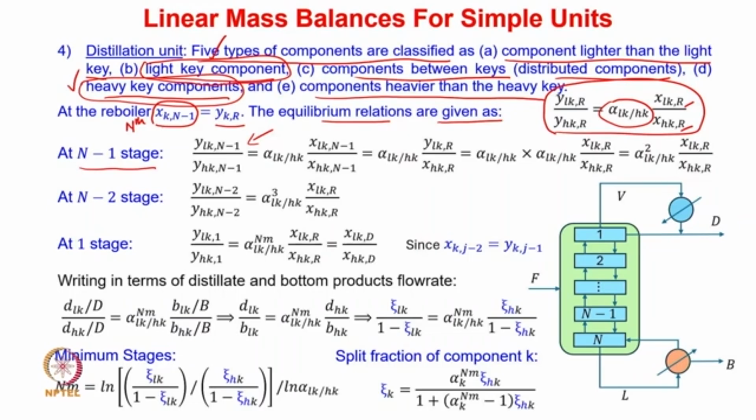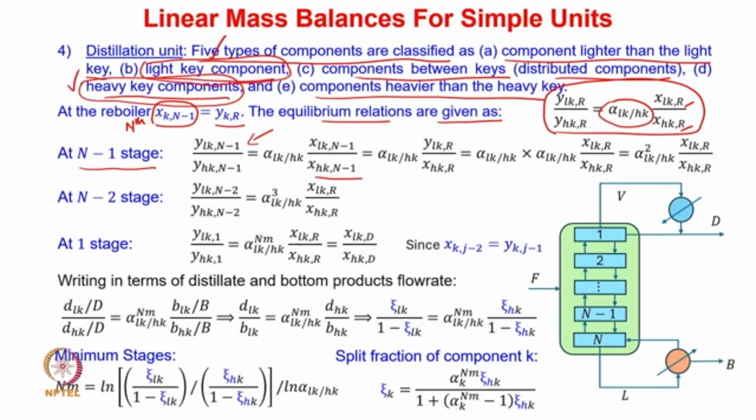This is nothing but the ratio of the mole fractions of the light key component and the heavy key component in the vapor phase, and that is represented as alpha Lk Hk into x Lk n minus 1 divided by x Hk n minus 1. Okay, so this is what we have written.